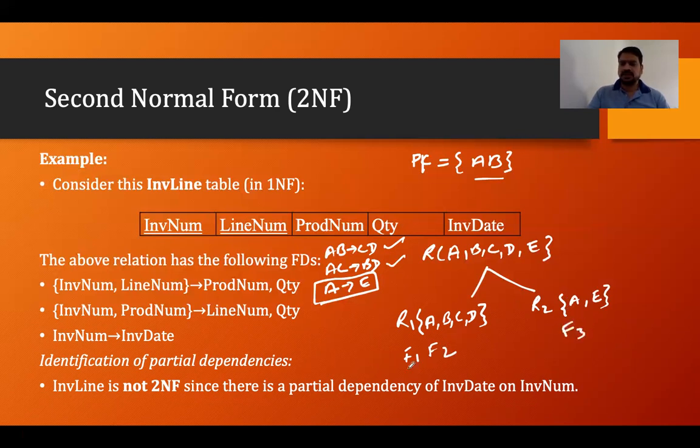Getting it? So R1 is preserving two functional dependencies and R2 is preserving one. So it means that all the functional dependencies are preserved after splitting the table. So dependency will be preserved up to second normal form.